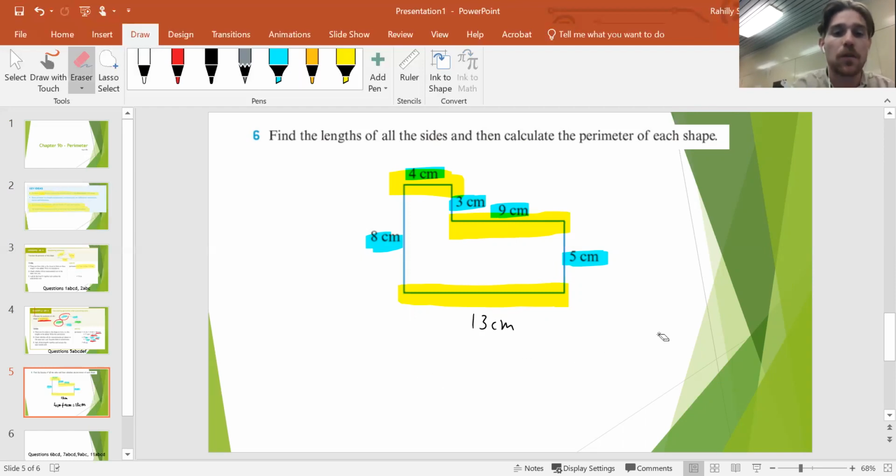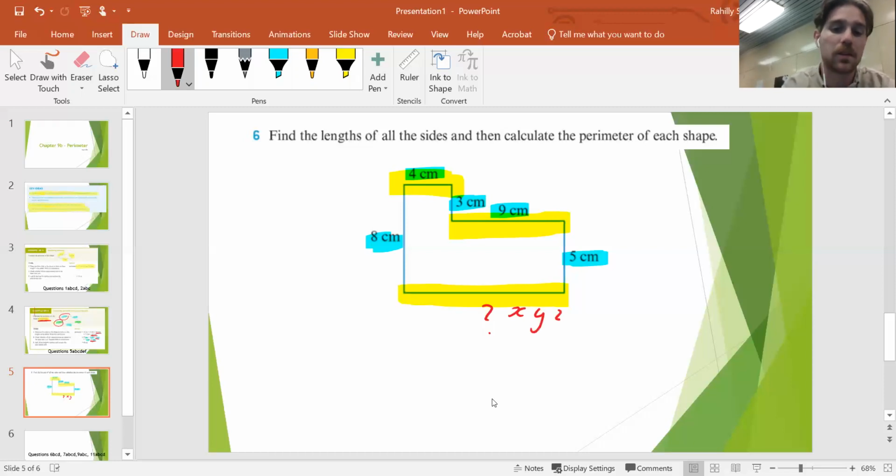If you ever find an unknown, like the question mark here, or you can use an X, Y or Z, but that's going into more difficult stuff, you need to work out what the corresponding sides are.